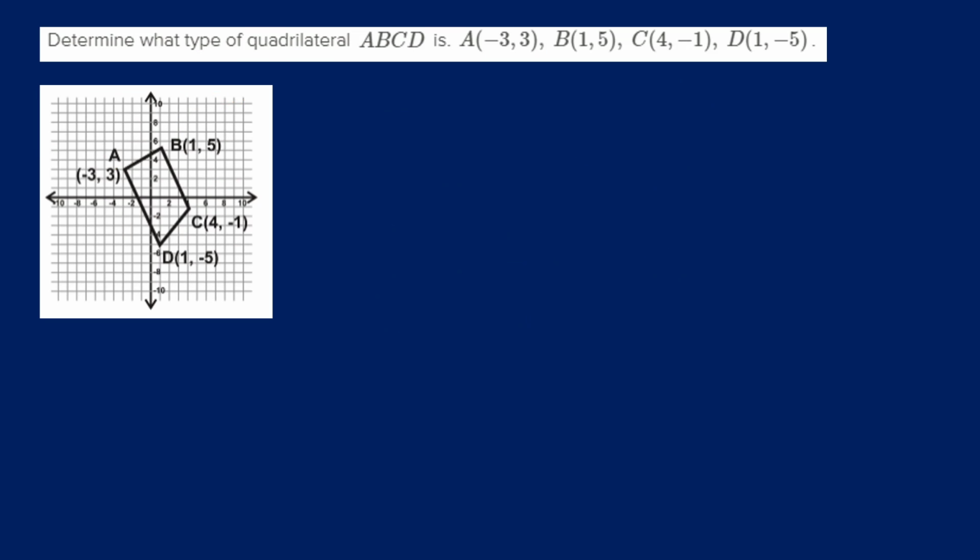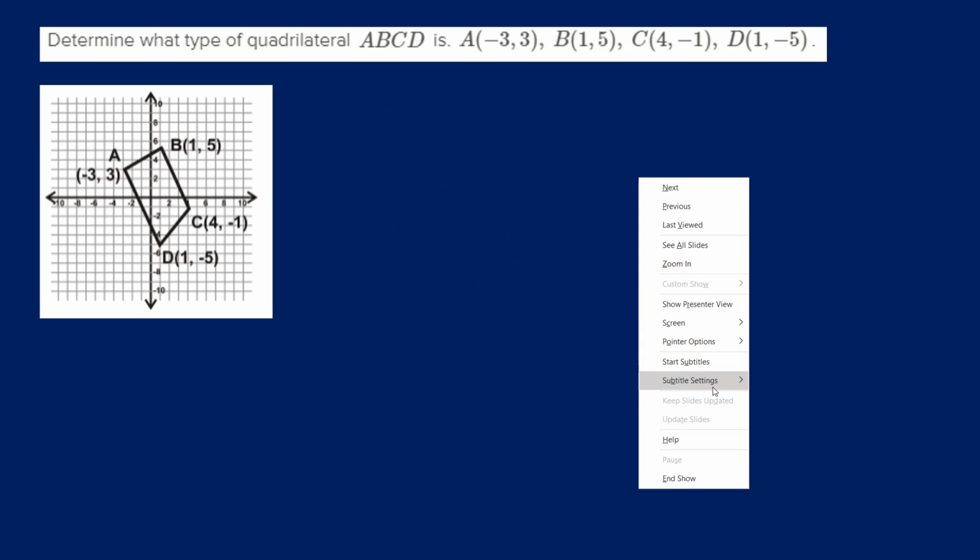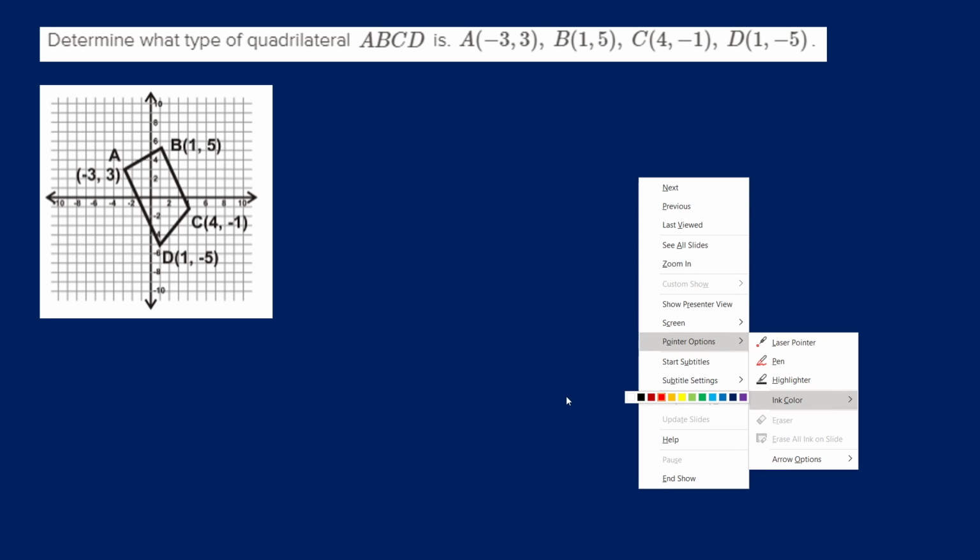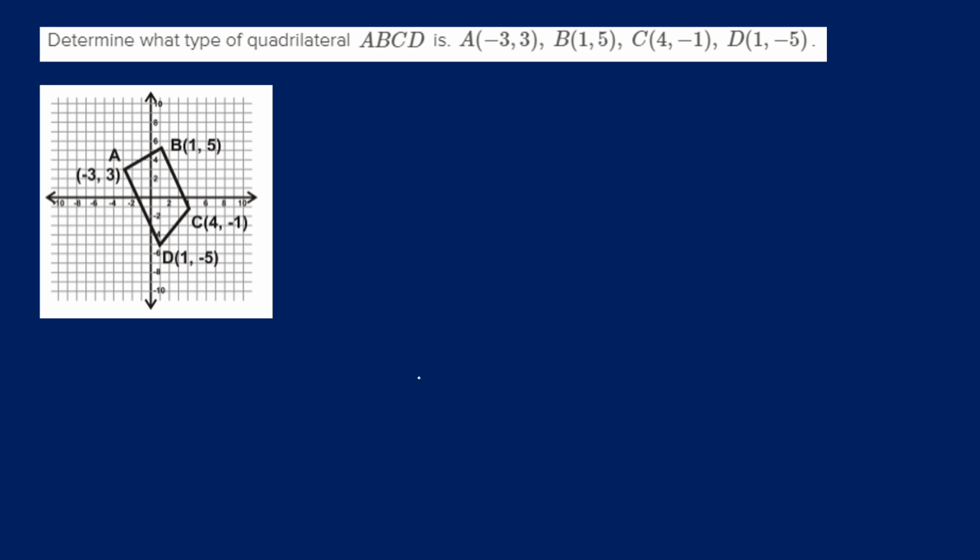Looking at this, my initial guess would be that this thing is a trapezoid, just looking at it. In order to be a trapezoid, that would have to mean one of the sets of sides is parallel, and the other is not. So we would need to show that.